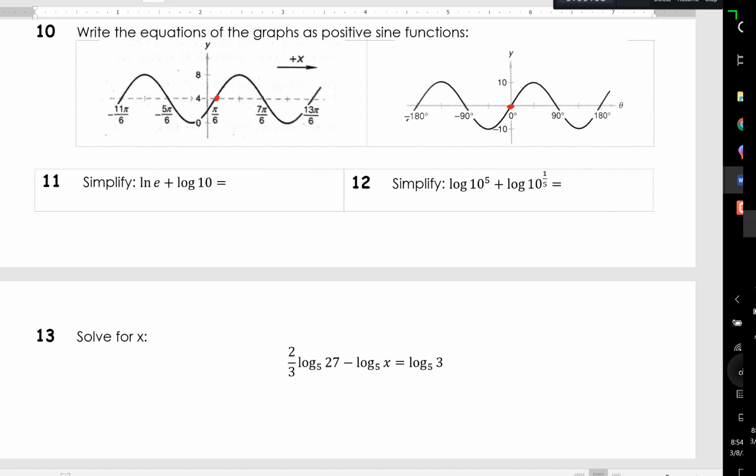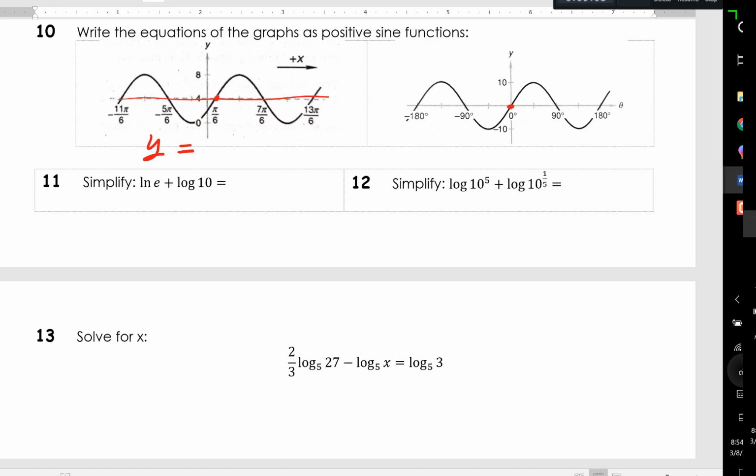Okay, so this one on the left, first of all, notice that the x-axis is the x-axis, not the theta axis. All right, so first of all, every equation, you're going to start with y equals, because it's supposed to be an equation. And you can see that the midline for this sinusoid is at positive 4.